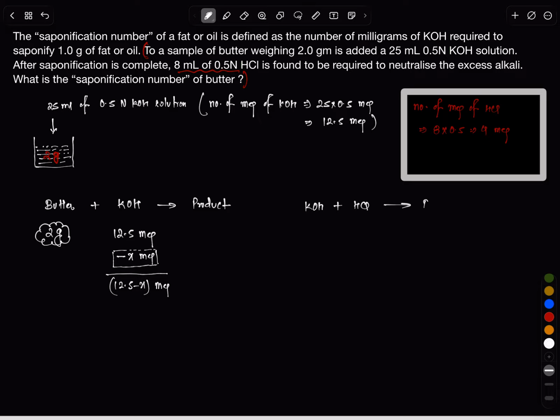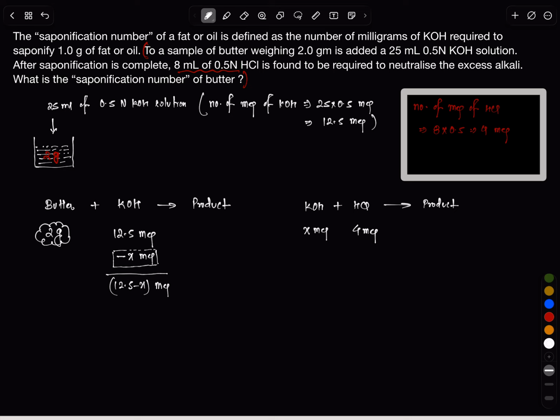Again, the product will form. And we have X milliequivalents of KOH which remained when this KOH reacted with butter. And HCl, we have 4 milliequivalents.